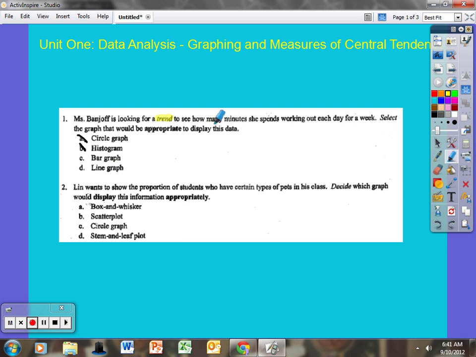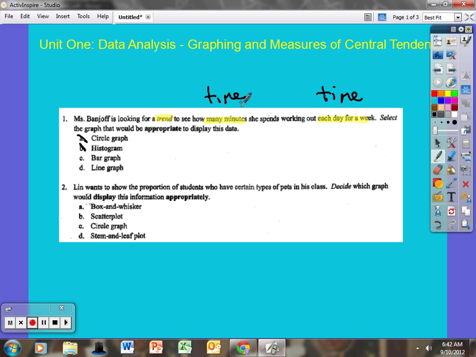Now, let's go back into the question. How many minutes? So we're talking about time. How many minutes she spends working out each day for a week? Select the graph that would be appropriate to display that. So I see time here, and we're talking about days over a week, another reference to time.